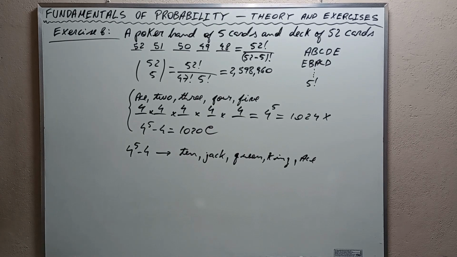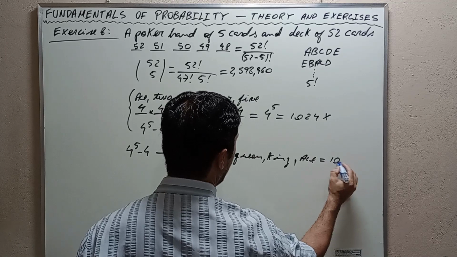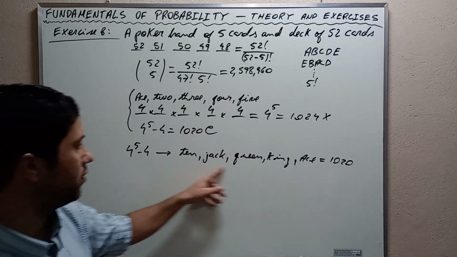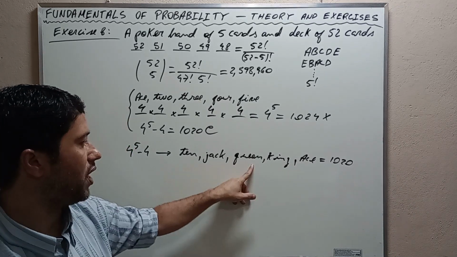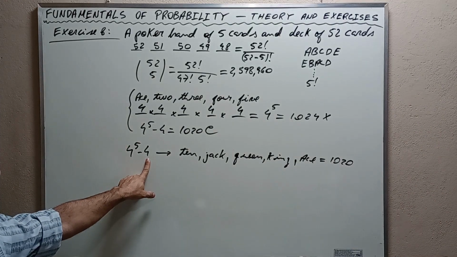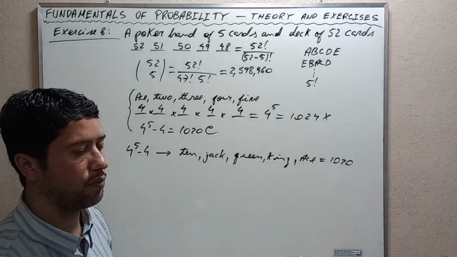Okay, so there will be again 1020 possibilities of hands, okay, with a 10, a jack, a queen, a king, and an ace, and we have to remove 4 when they are all of the same suit.